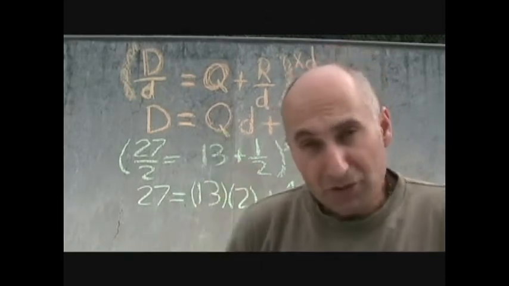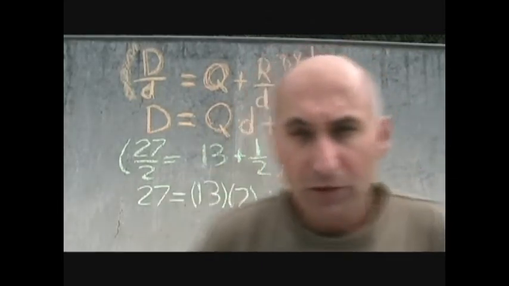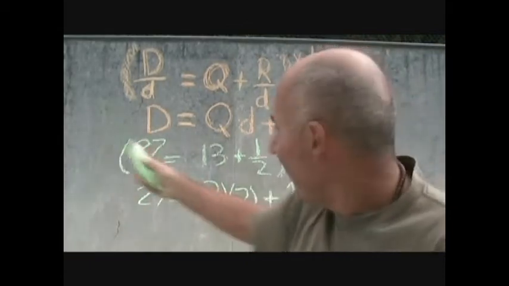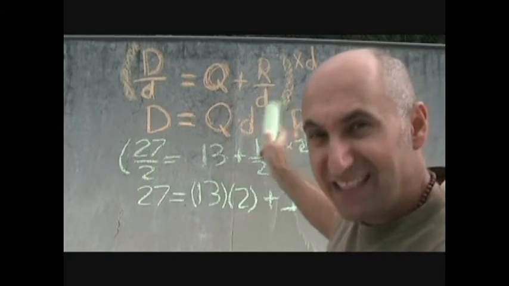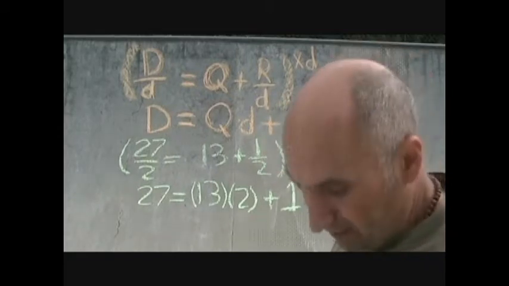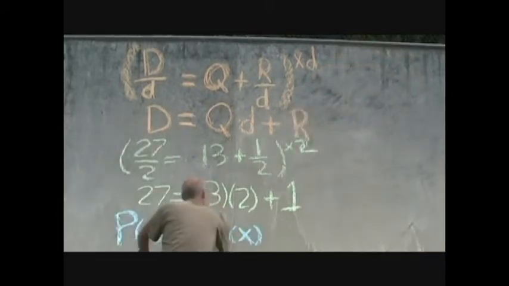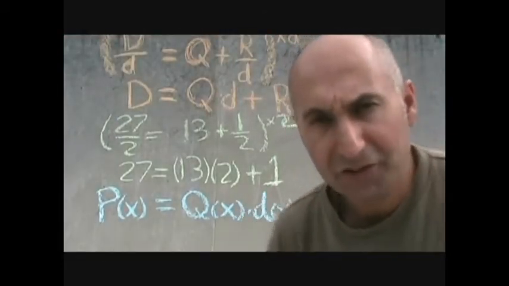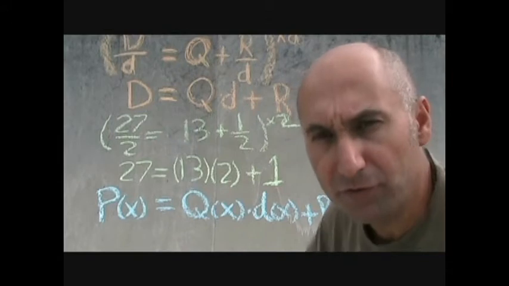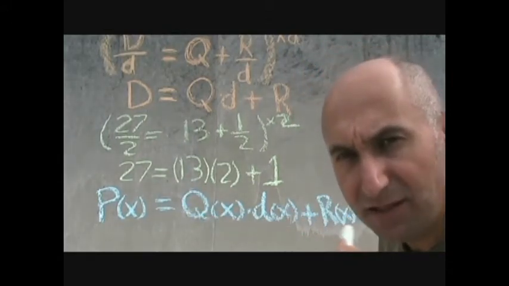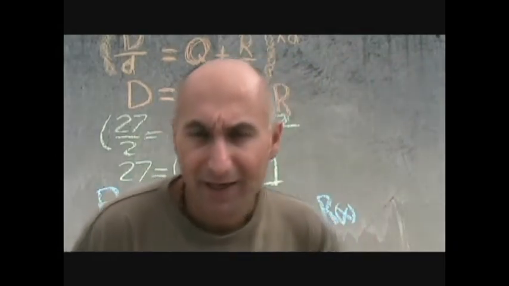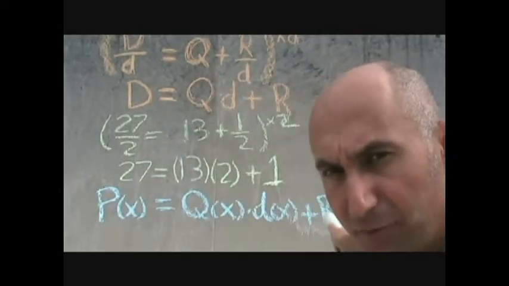And because we're going to start talking about functions, what we're going to do is call them P(x) is equal to Q(x) times d(x) plus R(x). So what we're going to have in our division statement when we start dealing with polynomials is going to be P of x is equal to Q of x times d of x plus R of x, okay? And all of these guys are going to be functions.